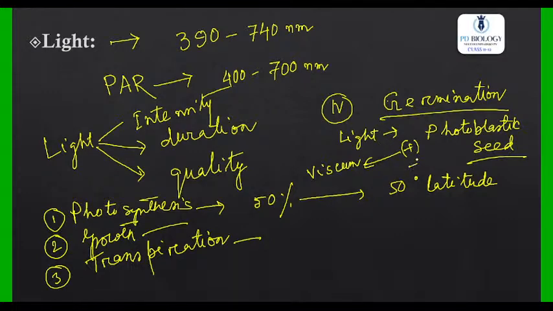Negatively photoblastic seeds are also there. They do not germinate in the presence of light. Mostly the examples are onion and tomato. These are negatively photoblastic seeds. So remember this one, photoblastic seed, and in this area the positive photoblastic and negative photoblastic seed.